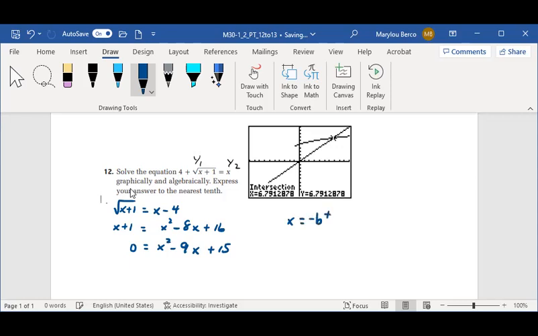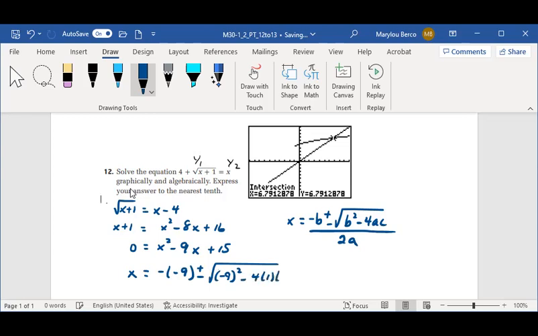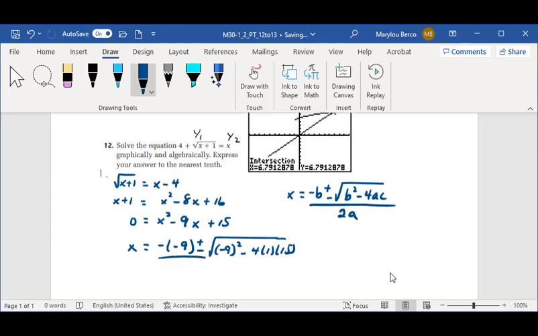And I'll just put it here as a reminder, so you know where I'm substituting a, b, and c from our quadratic. So we have x equals negative negative 9 plus or minus root negative 9 squared minus 4 by 1 by 15, all over 2 by 1.